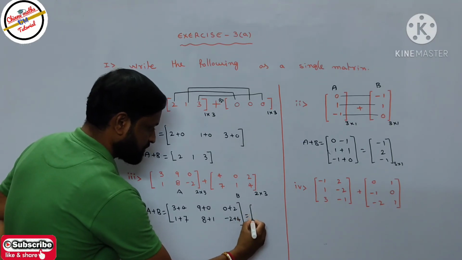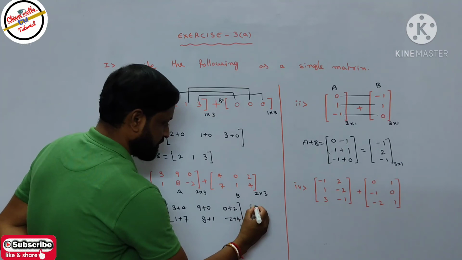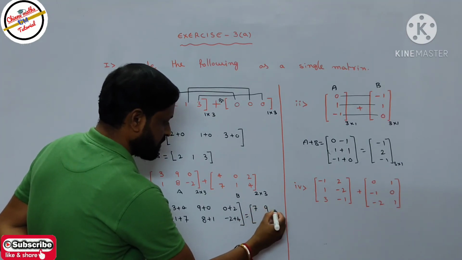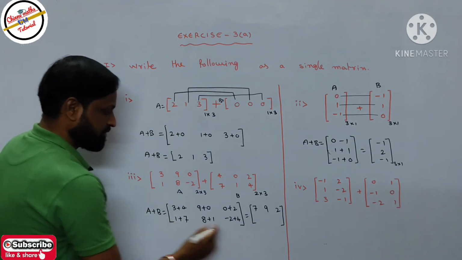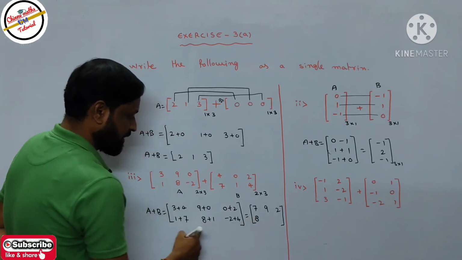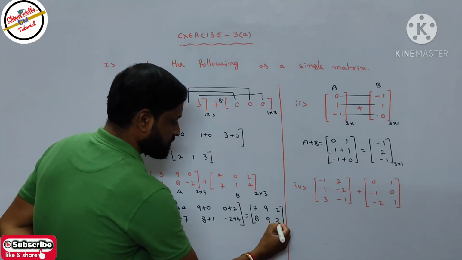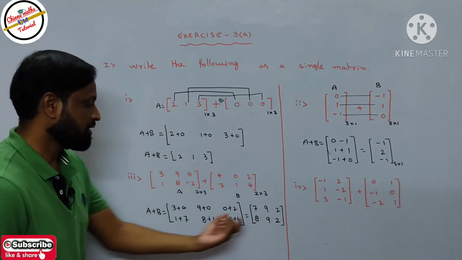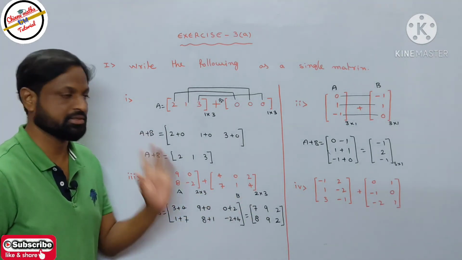It is equal to 3 plus 4 equals 7, 9 plus 0 is 9, 0 plus 2 equals 2, 1 plus 7 equals 8, 8 plus 1 equals 9, minus 2 plus 4 equals 2. So this is the addition of two matrices. Given two matrices, you can write them as a single matrix.